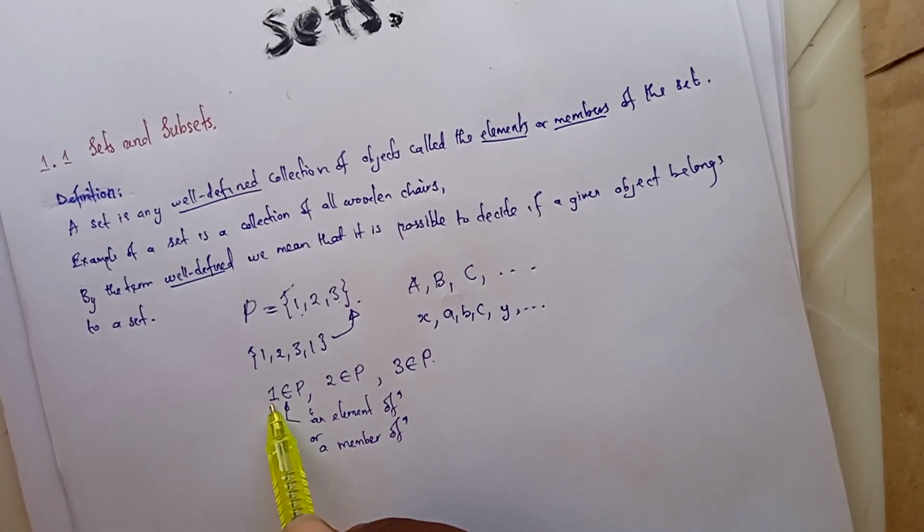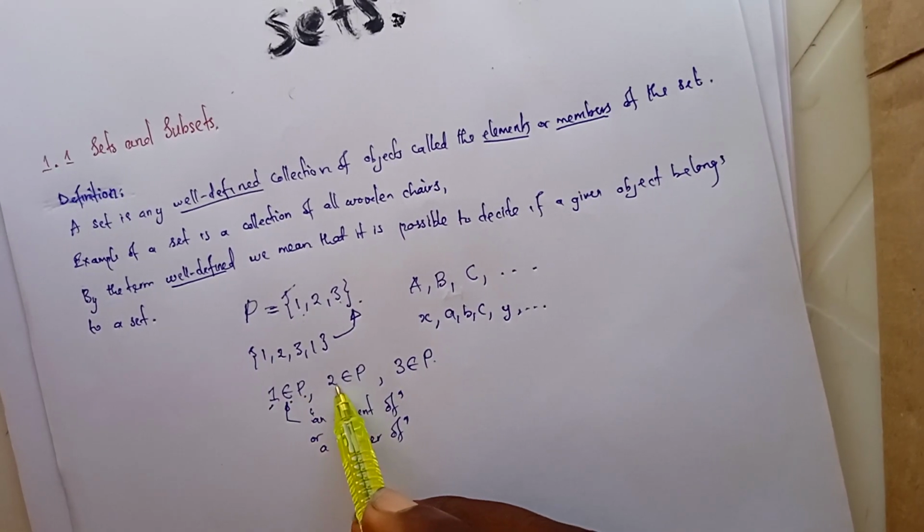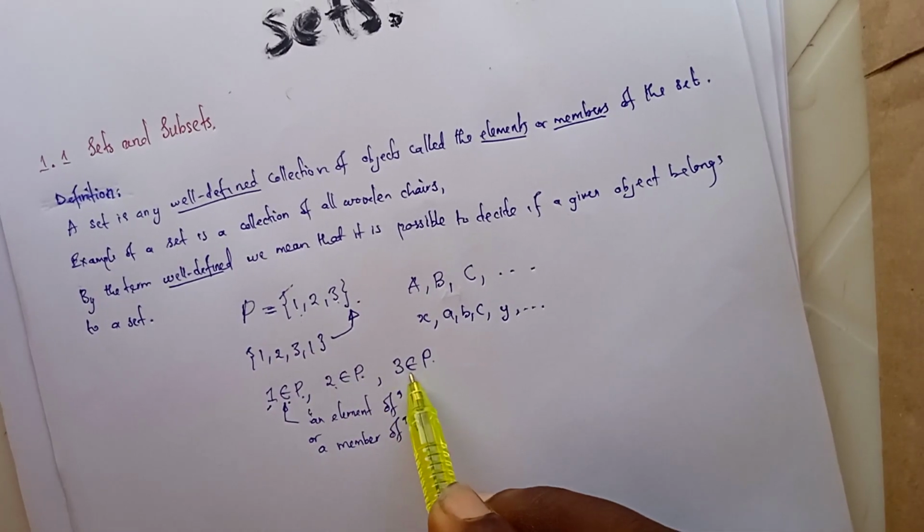So 1 is a member of P, 2 is a member of set P, 3 is a member of set P.